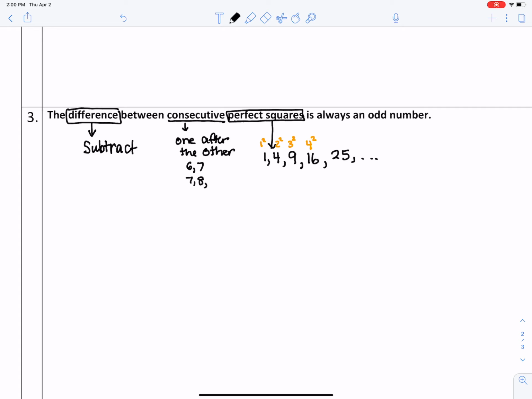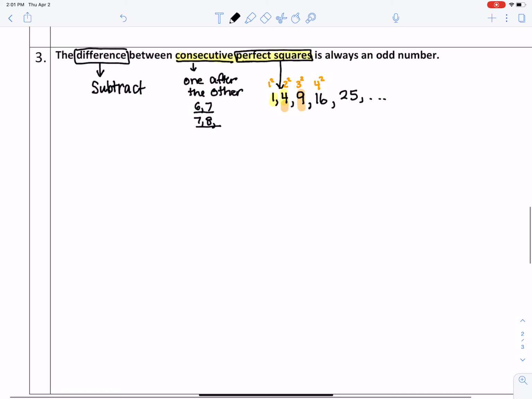So I'm actually taking consecutive numbers, but not actually numbers like 6 and 7, 7 and 8. I'm taking consecutive perfect squares. So 1 and 4 would be a consecutive perfect square. 4 and 9 would be a consecutive perfect square. So they just need to be beside each other. And I want to take the difference between them.